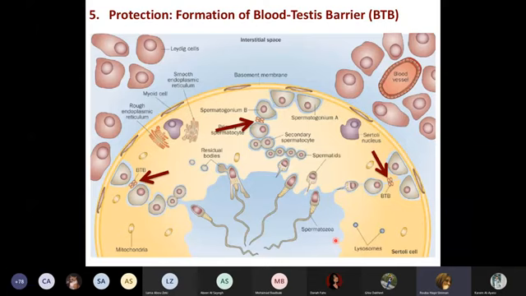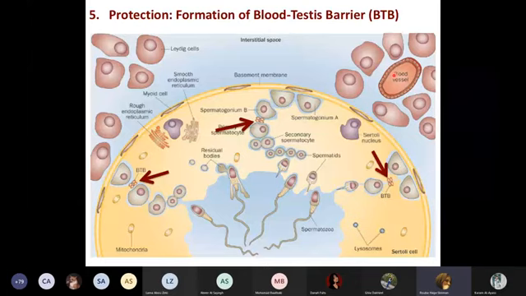So you have here the basement membrane, and you have the interstitial space where you have the blood vessels, and you have the Leydig cells that are present in the interstitial media. Now, this interstitial space, which contains the blood vessels, can be exposed to so many molecules, so many substances.